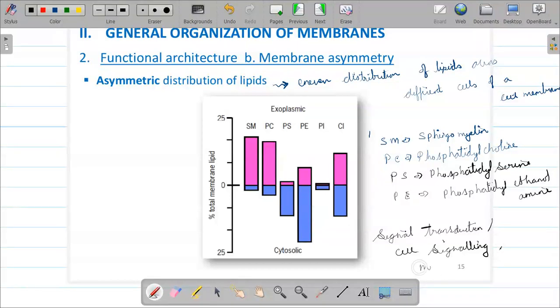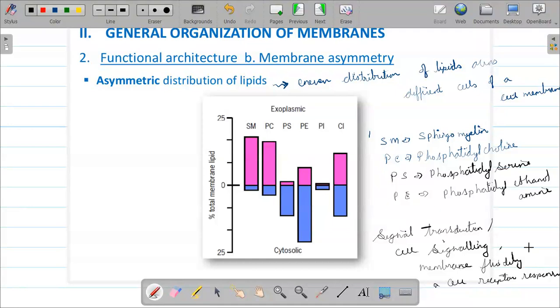They also help in membrane fluidity and they help in cell receptor response to identify the cells. So the distribution of lipids should not be equal. It should not be symmetric. It should be asymmetric.